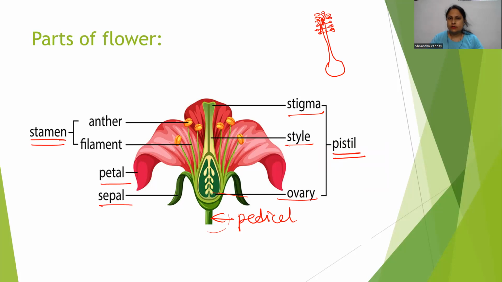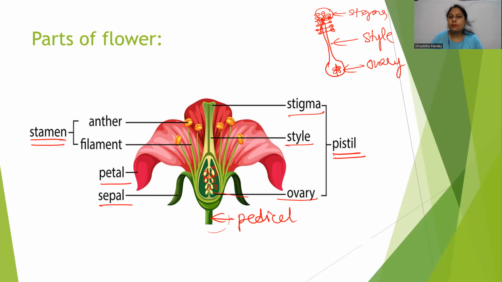This upside top portion is called the stigma. This middle portion is called the style, and this lower portion, present inside the sepals region, is called the ovary. Inside the ovary, there are many ovules. Can you see here? There are many ovules.